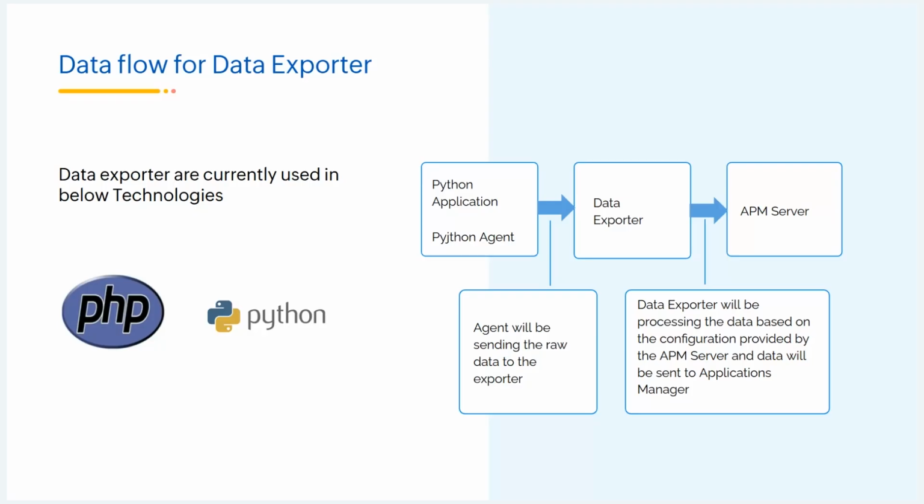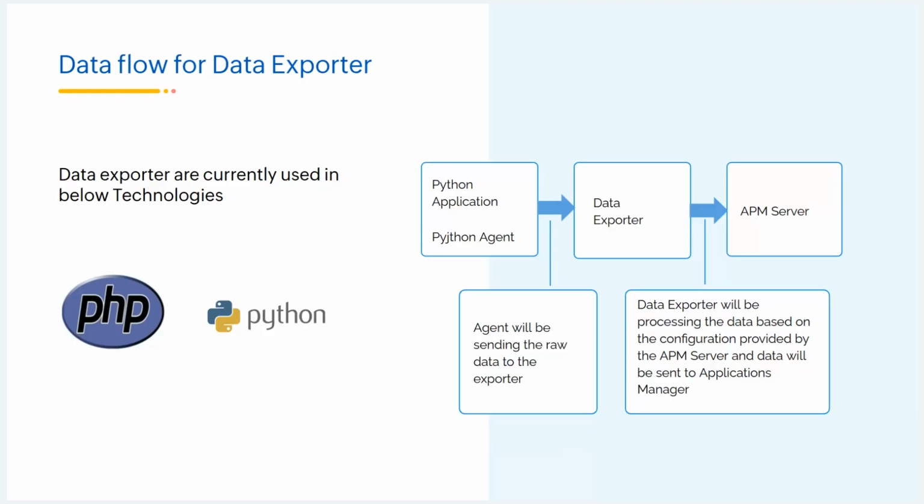Once the data is processed, the data exporter will establish the communication with the Applications Manager server. It will then send the aggregated and formatted data to the server for further analysis and storage. The Applications Manager server on the other end will receive the transmitted data from the data exporter, store the data in a centralized repository, and provide the user interface for monitoring and analyzing the application performance, like the traces and the other metrics as well.